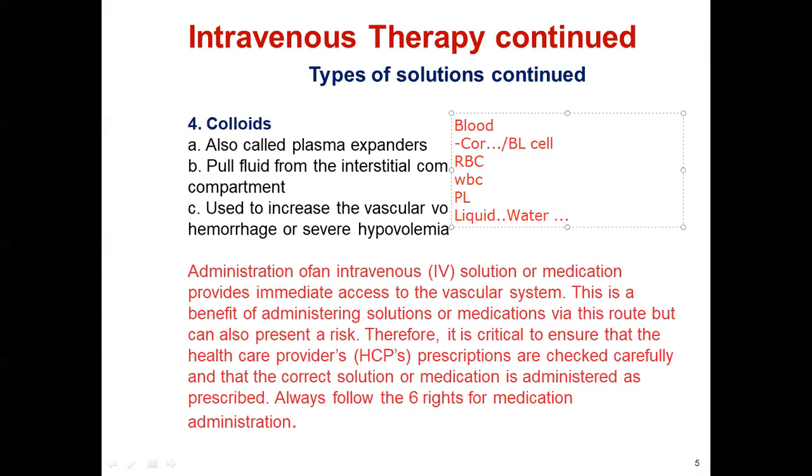This is called plasma, right? Plasma is where the red blood cells, white blood cells, platelets, nutrients, protein, and albumin are floating, transported, and carried. If you remove all corpuscles, the remaining liquid, watery portion is called plasma. So colloid we use as a plasma replacement. It is called plasma expander.